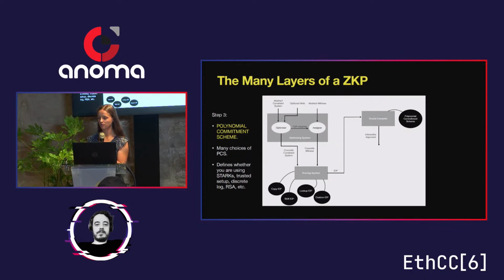If you use the KZG polynomial commitment scheme, you're going to have something pairing-based with a trusted setup. If you use something discrete log-based, then you're going to have something that doesn't require pairing, still requires group operations, but maybe has quite a large verifier. So really, this is the step where you can choose what you want for your scheme.